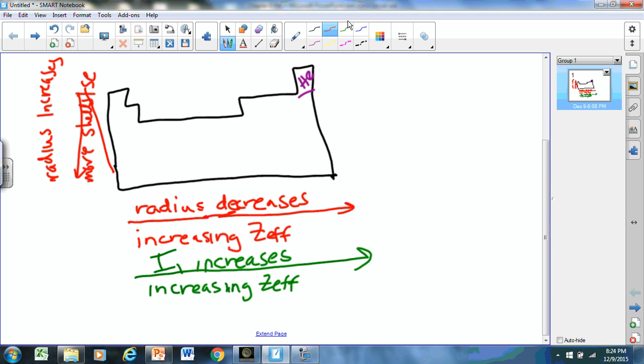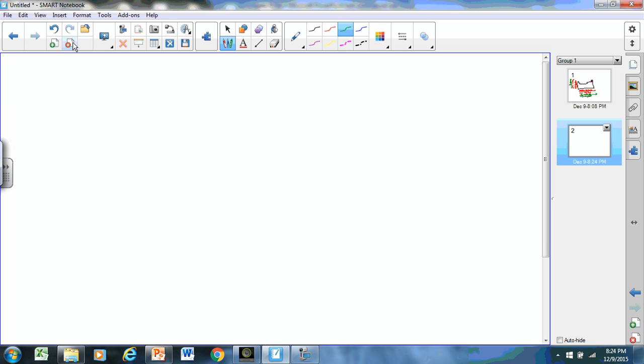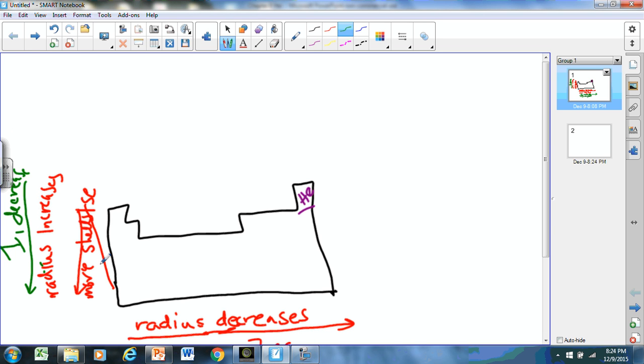Now, grabbing this green pen again, remember these are opposites. Every time the radius increases, the ionization energy decreases. Again, let me explain why. If you have more shells and shielding electrons, that means the distance from the nucleus is getting bigger.